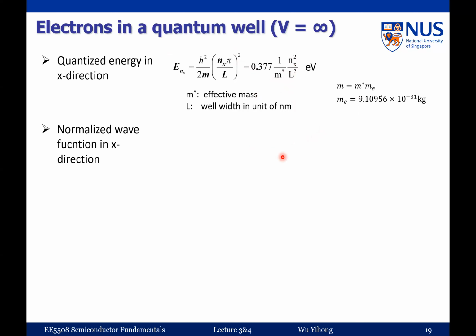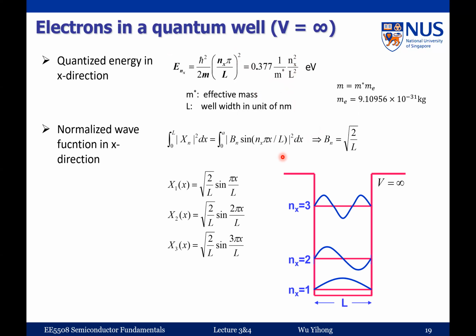Now the next concept we call normalization of the wave function. The wave function we derived just now only has this term in the x direction, and then we can try to normalize this.